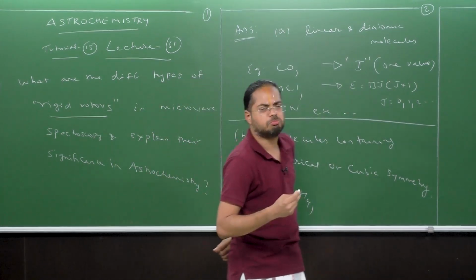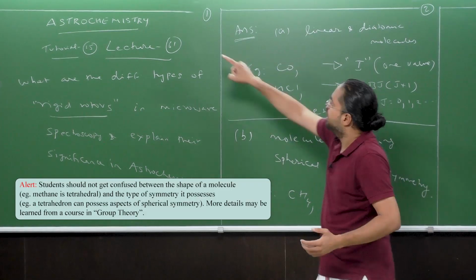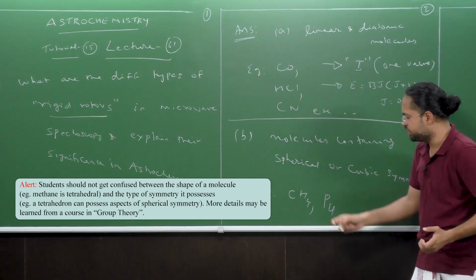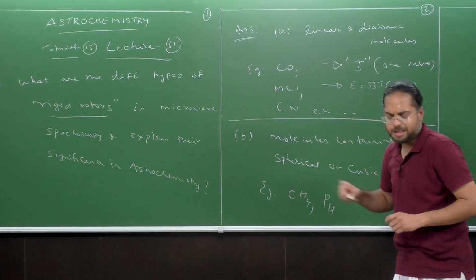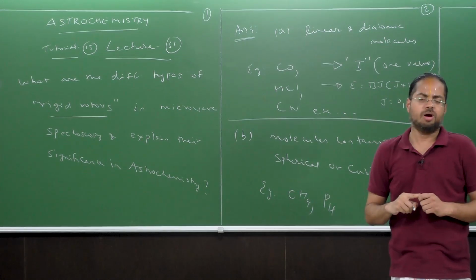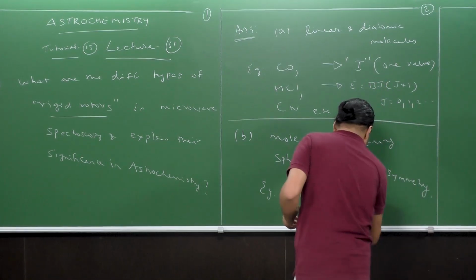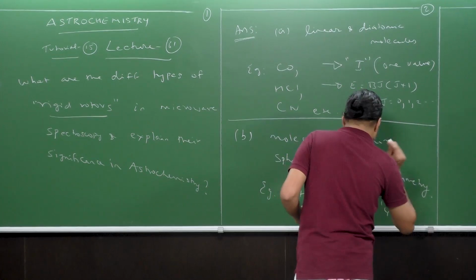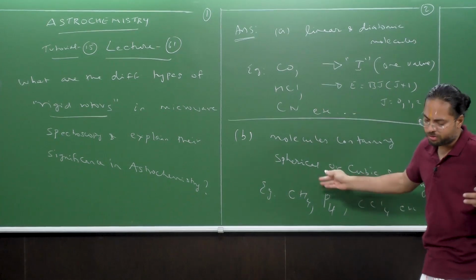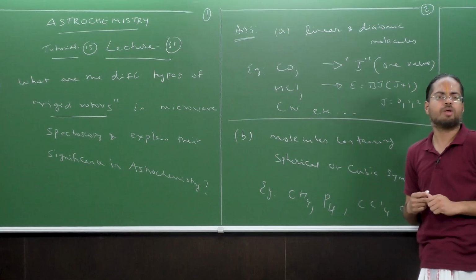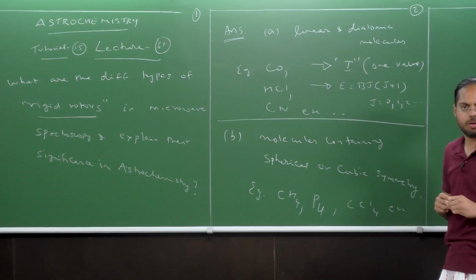You can also think of some molecule. I mean, this molecule might not have been discovered in the ISM, but it is relevant on Earth very much. Say P4, for example, right? Tetrahedral molecules, methane, P4. For example, some other example could also be something like CCl4, etc. Okay, you can also think of octahedral, very symmetric octahedral complexes, which can also be thought of as being molecules containing spherical symmetry. Okay, right?